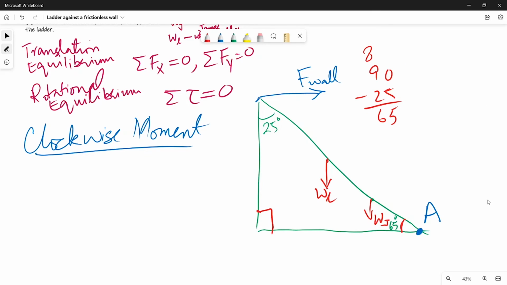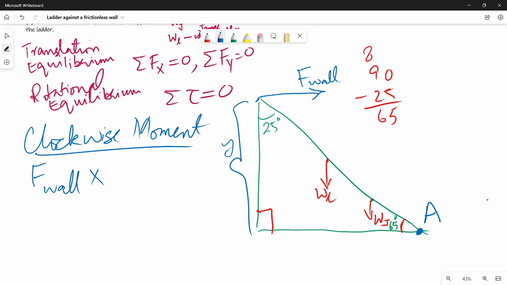So we say F wall times the perpendicular distance. Let's call this distance y, and we have to find y.